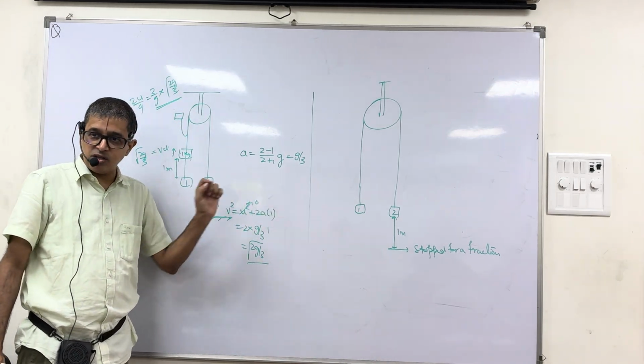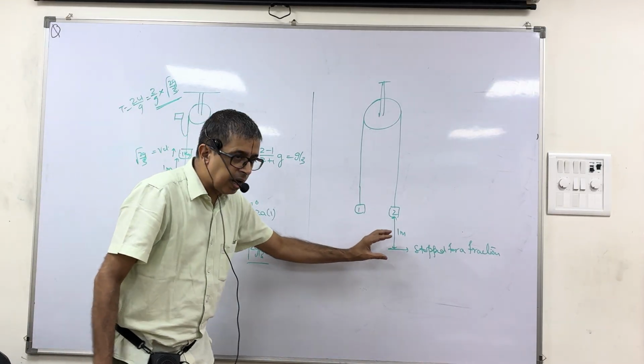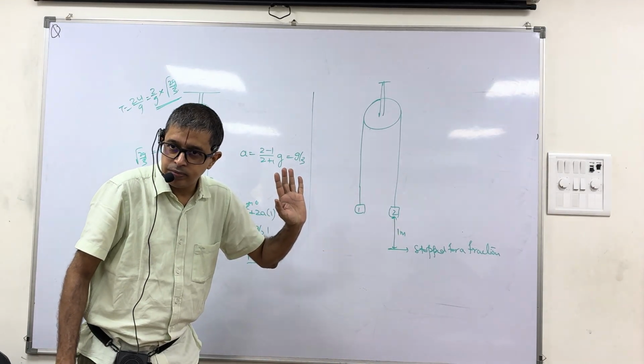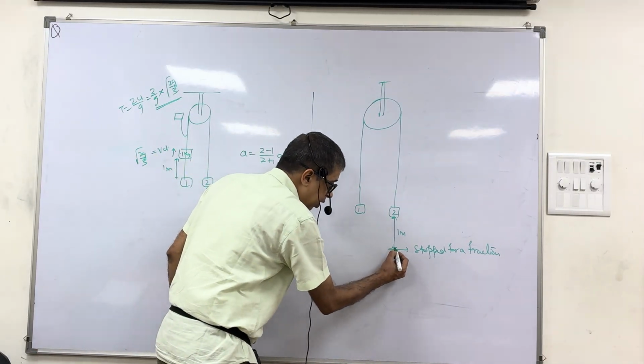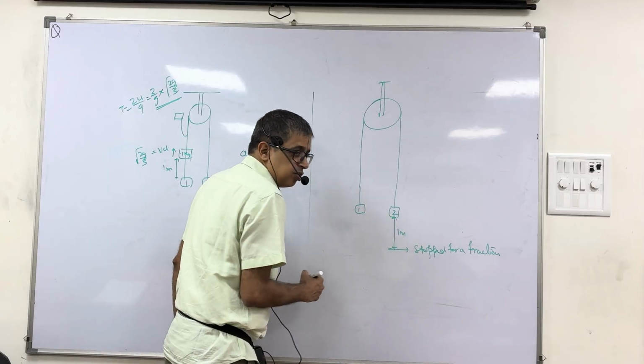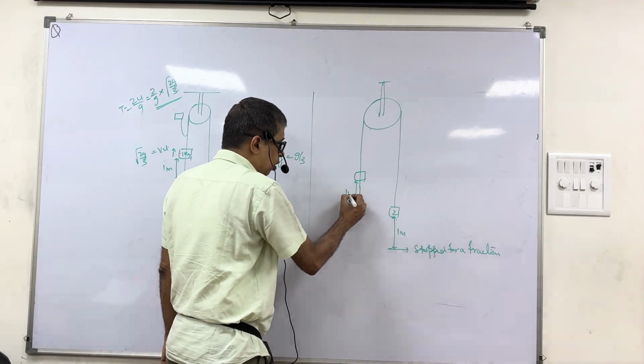What is the difference between this and that? Here you blocked it permanently. Here you stopped it and released it. When you stopped it for a fraction of a moment and released, what happens? You made the velocity 0. When this came down by 1 meter, this will also go up by 1 meter.